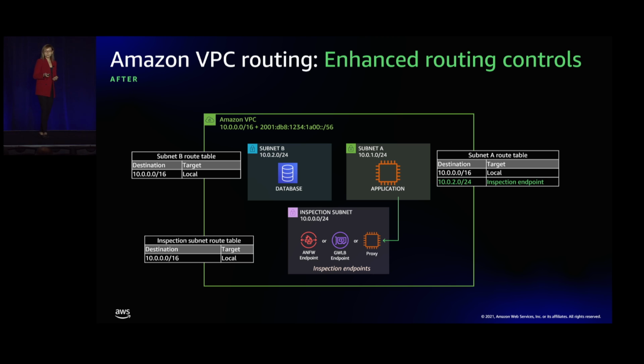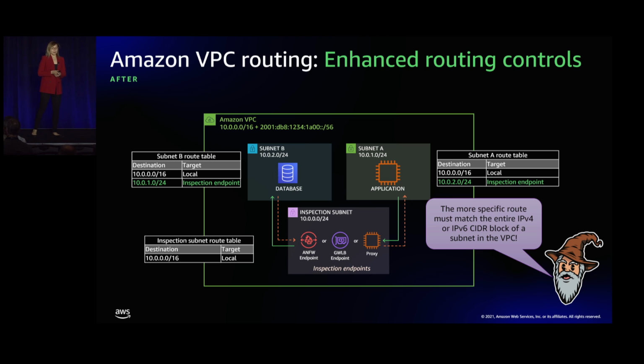So now we can redirect that traffic that would go by default between subnets directly according to the local route through the inspection endpoints. Now, one quick call out here to keep in mind is that we cannot have CIDRs for more specific routing different than the subnet CIDRs that we have in the VPC. So we can more specifically route subnet CIDRs.